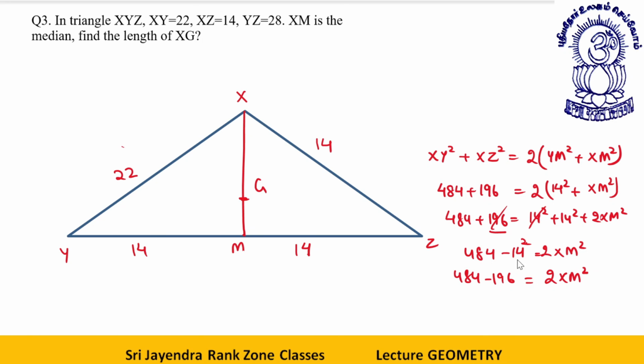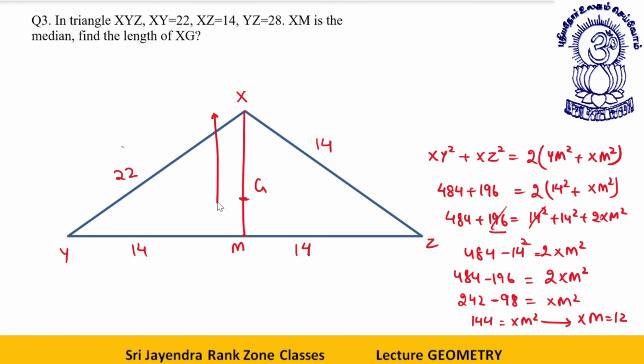So far clear? Okay. So this is like 242 minus 98 is equal to XM square. 242 minus 98 will be, see, very easily it will be 144, is equal to XM square. From here I get XM is equal to 12.